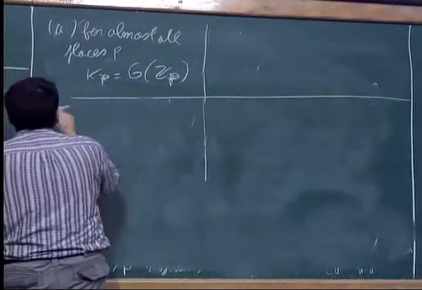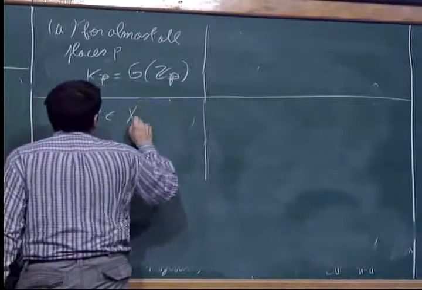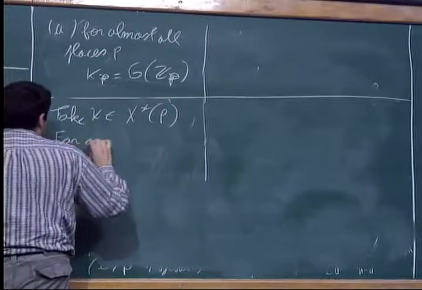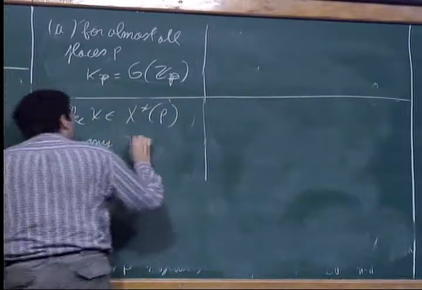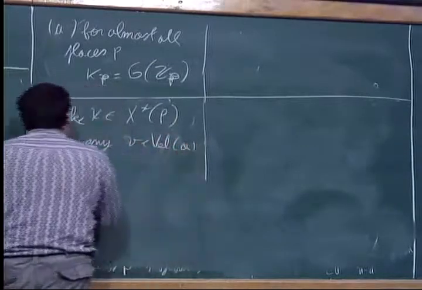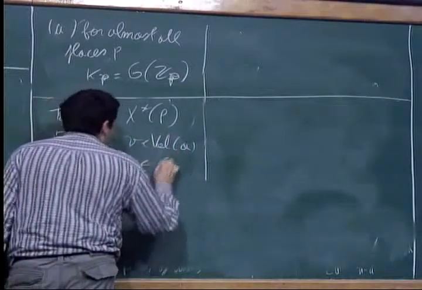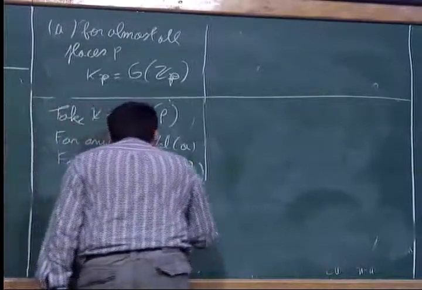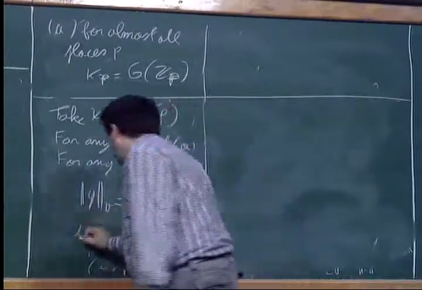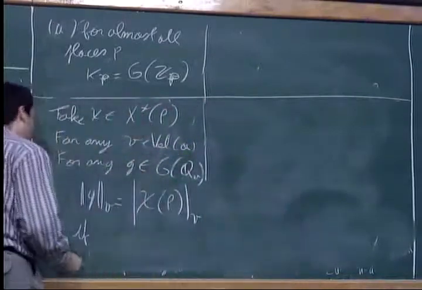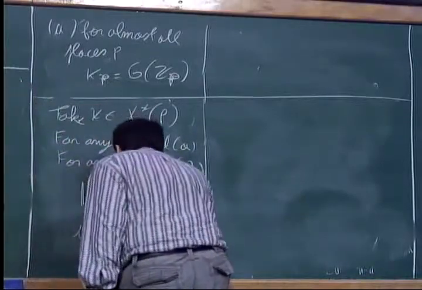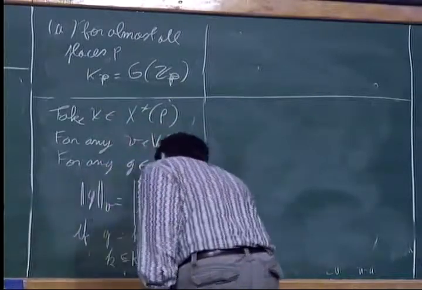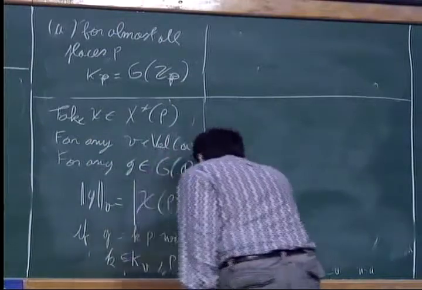So take chi to be a non-trivial character of P. So I start again: for any v place of Q, and for any g in G(Q_v), I define the norm of g to be the absolute value of chi of p if g can be written as k times p, with k belonging to the compact subgroup and p belonging to the parabolic subgroup.